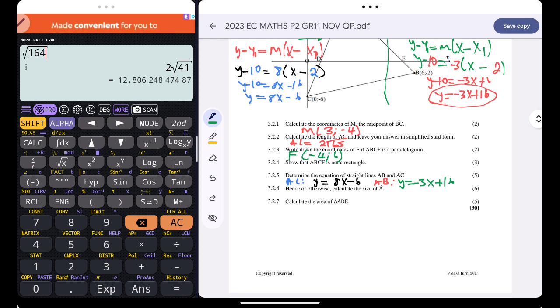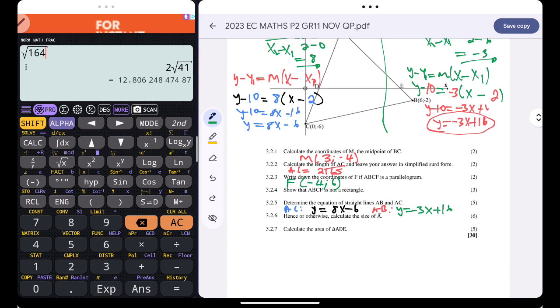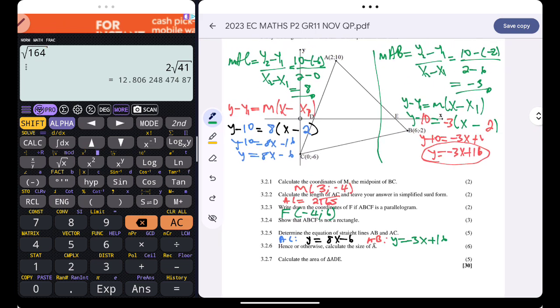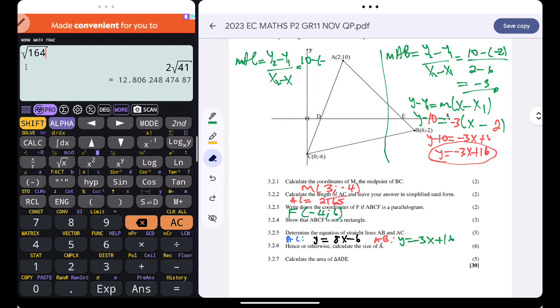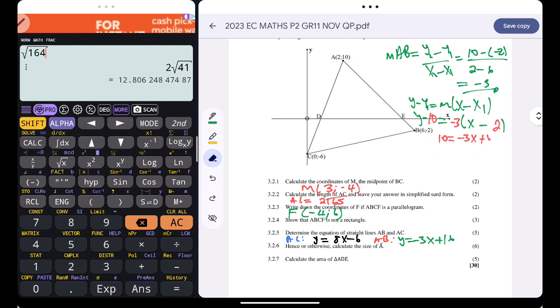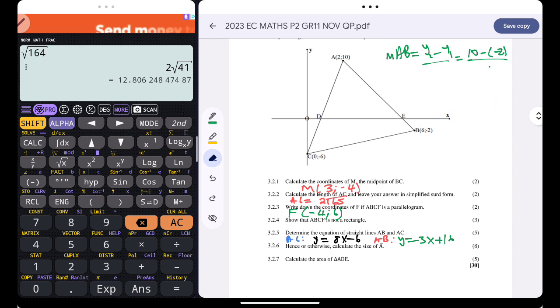And now I'm told that hence or otherwise calculate the size of angle A. They want me to find the angle in between two straight lines. The angle between two straight lines, I just need to find the angles of inclination for those two straight lines, then subtract them. Because you can see angle A is between two straight lines, right?